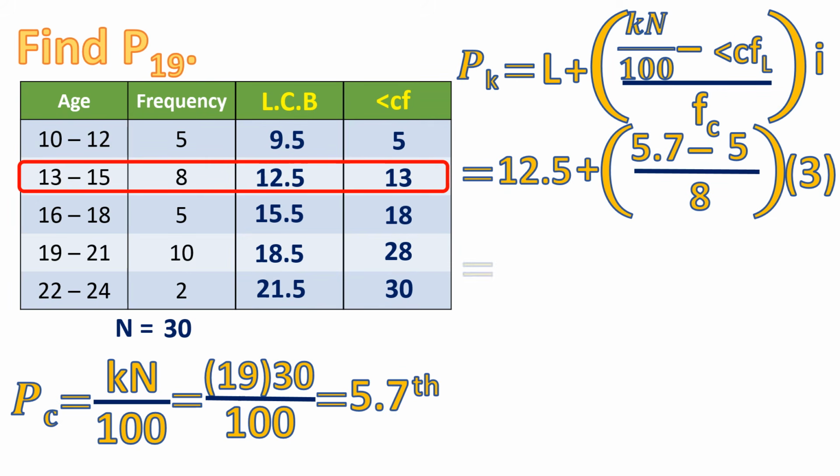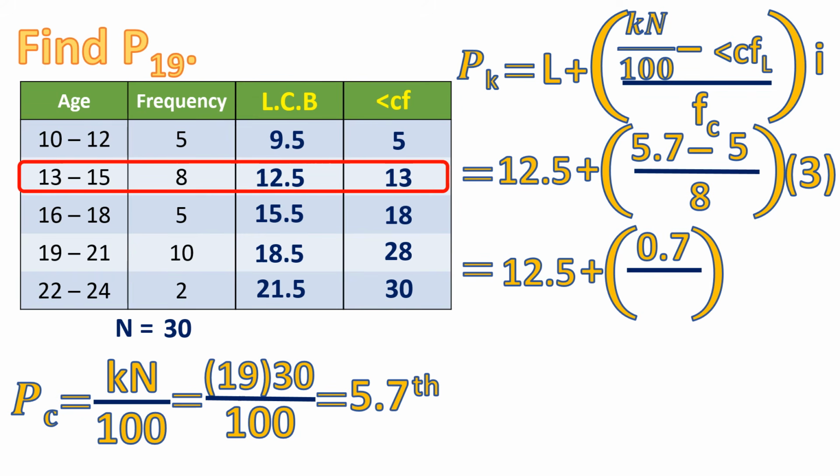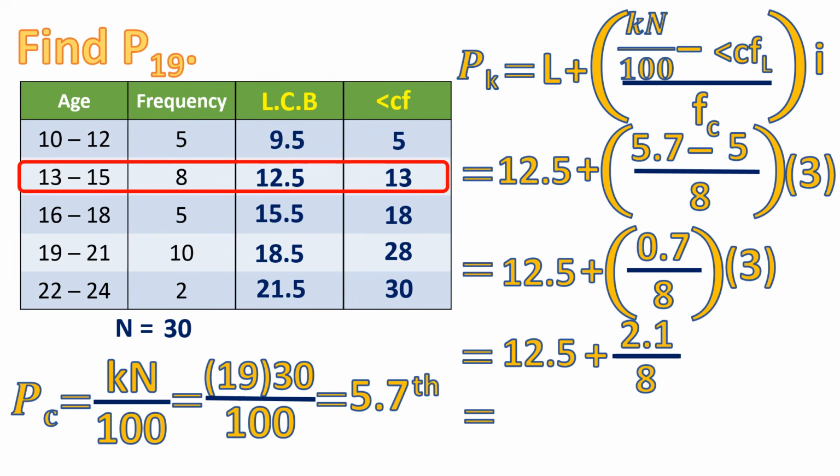which is 3. So let's copy 12.5 and subtract 5.7 and 5, it will be 0.7. So copy 8 and 3. Let's continue. Let's multiply 0.7 times 3, 2.1 over 8, which is equal to 12.5 plus 2.1 divided by 8, 0.2625.